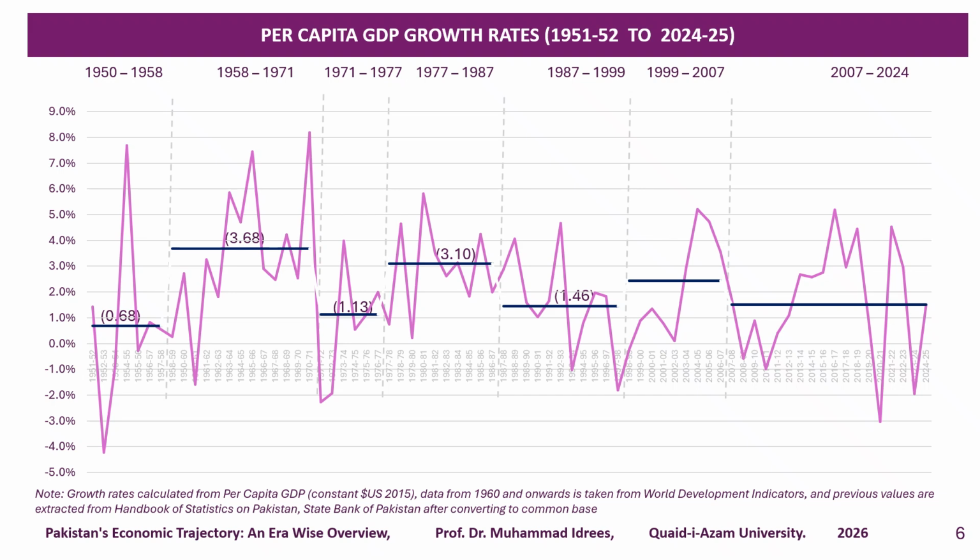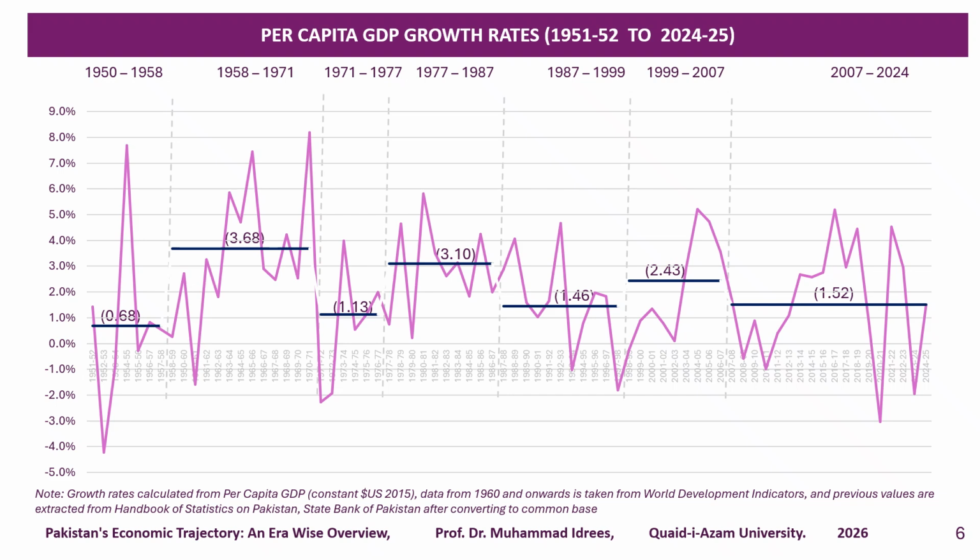In the next regime, the growth rates reduced to 1.46, and then once again an upward rising trend. In the sixth regime, the average per capita GDP growth rates were 2.46, and during the current regime, the average per capita GDP growth rates are just 1.52.